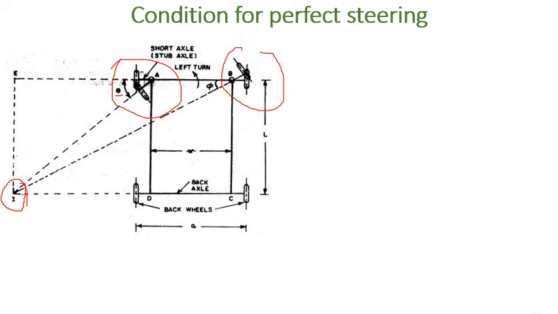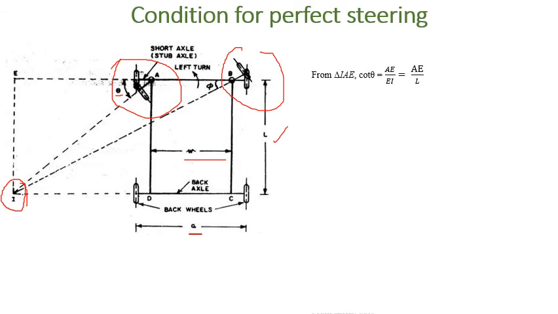In this figure, small a represents the wheel track, capital L represents the wheel base, and W represents the distance between the pivots of the front axle, AB.